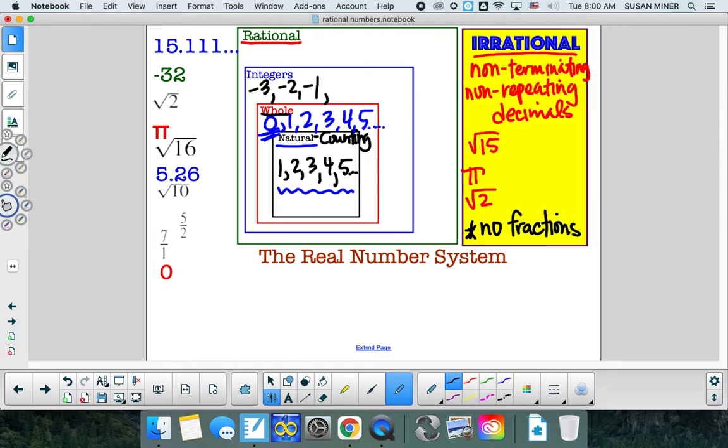It includes all the positive whole numbers, 0, 1, 2, 3, and on and on and on in both directions, right? So the integers are the next level in our family tree, and they include all the negative and positive whole numbers. And we call those the integers.